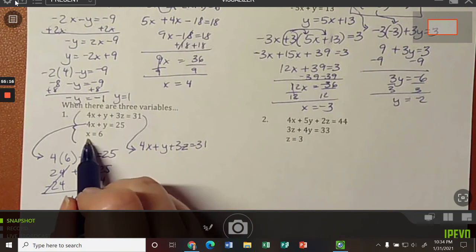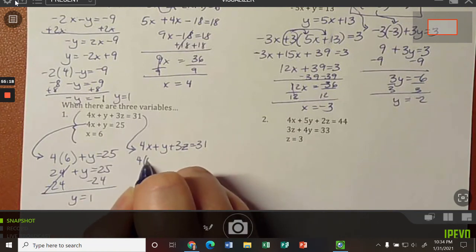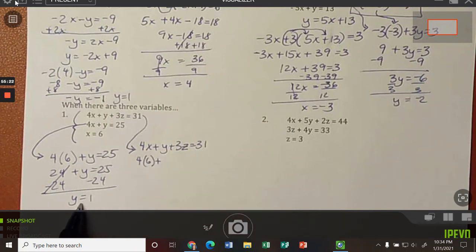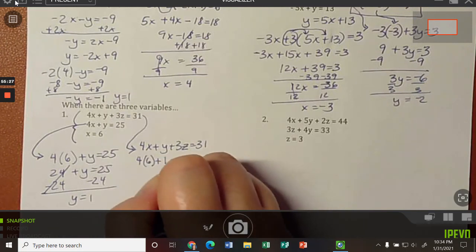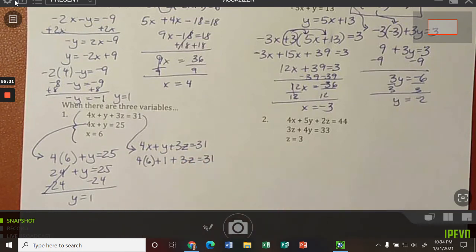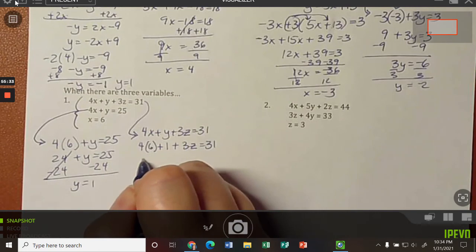Okay, so then we have 4 times 6 plus, we subbed in the 6 for x. Now we will sub in the 1 for y. Bring down the plus 3z equals 31. So 6 times 4 is 24.